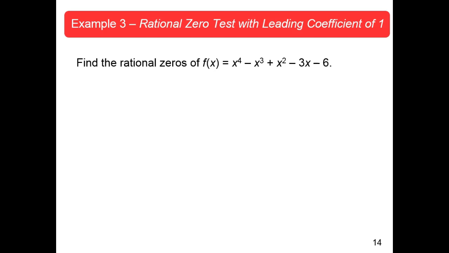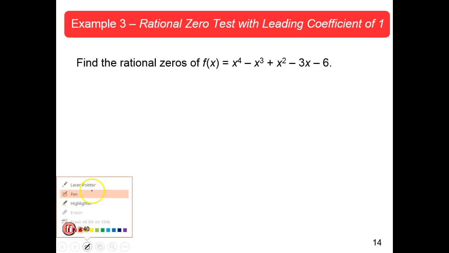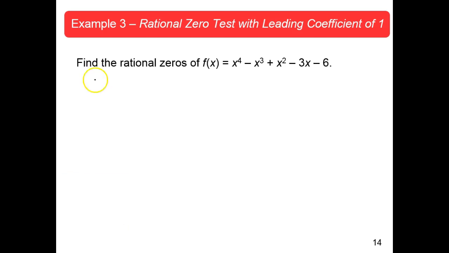We would be in serious trouble if we didn't have some technique to come up with the possible rational zeros of that polynomial. So what's the rule say? All your possible rational zeros are going to be of the form P over Q, where P is all the possible factors of what?